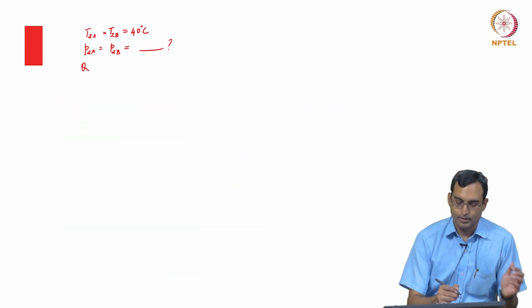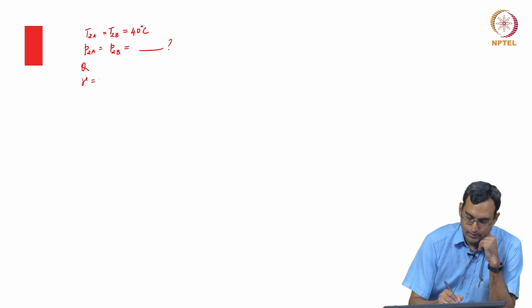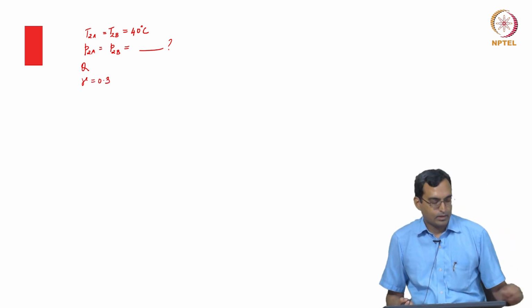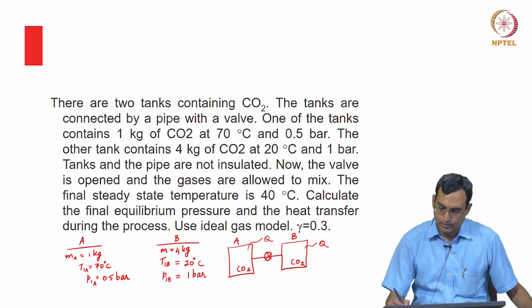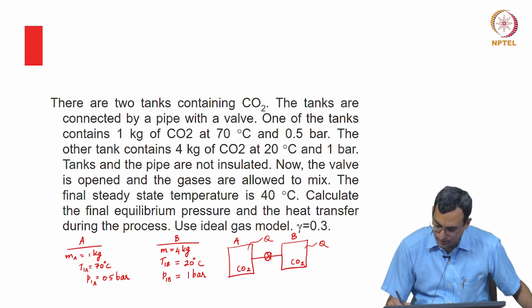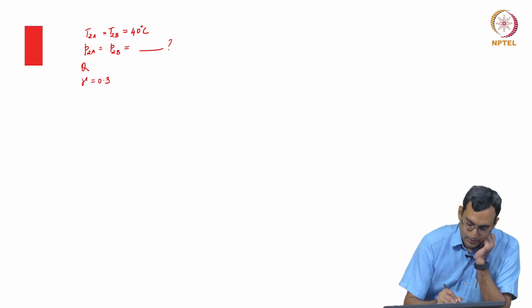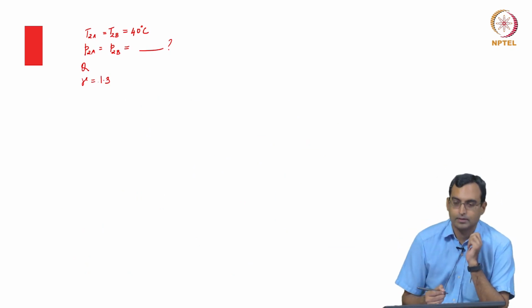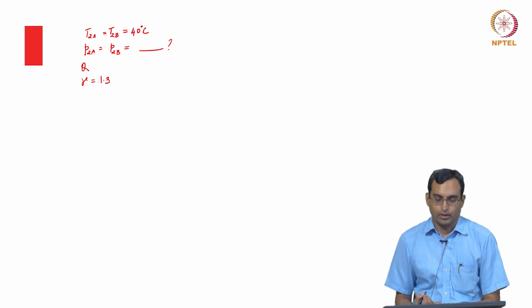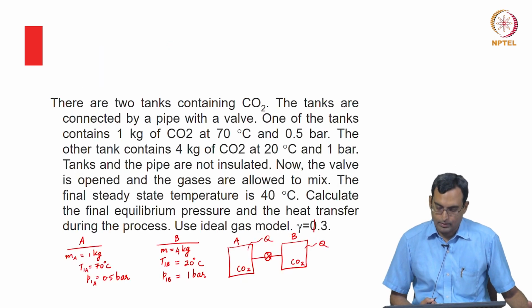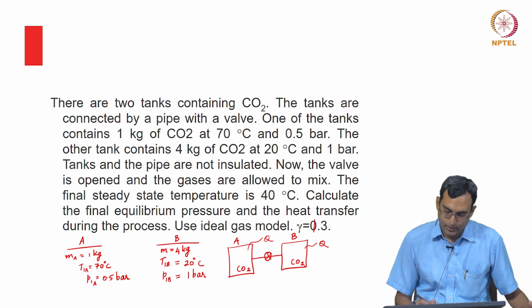We have gamma as 1.3. I am sorry about that. CO2 is a triatomic gas. We expect it to have a gamma value of about 1.3. So, what we can do is try to find out all of these values.